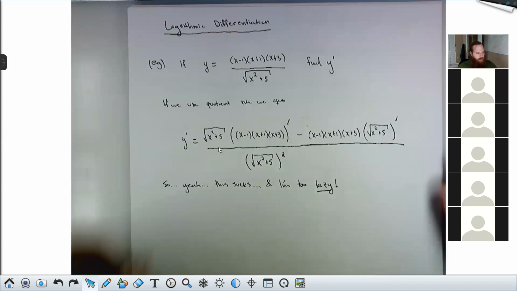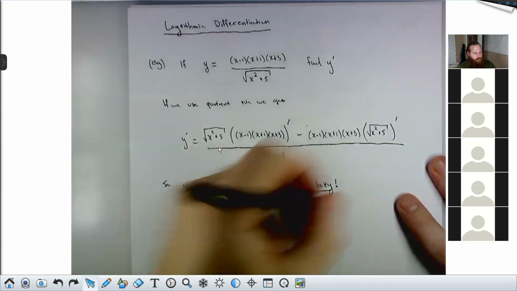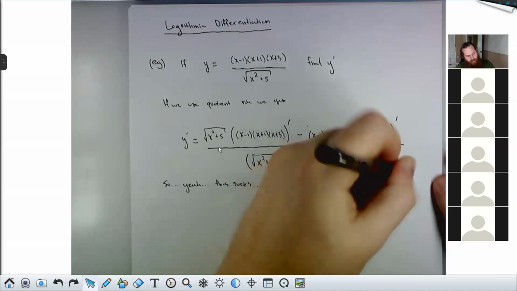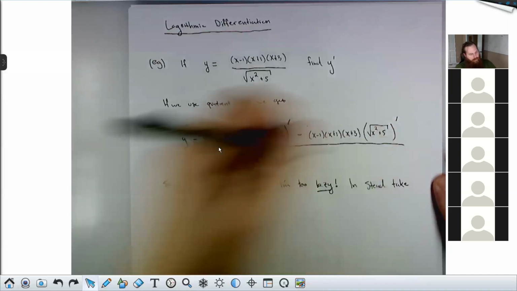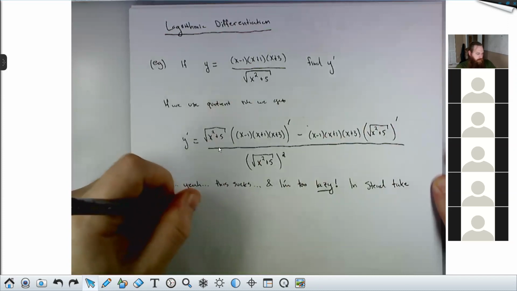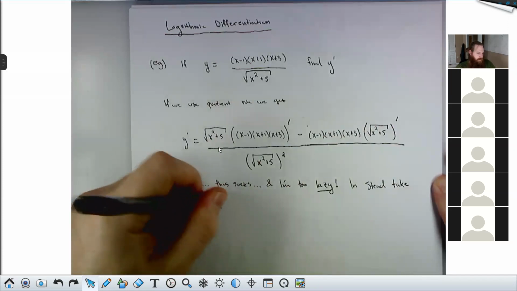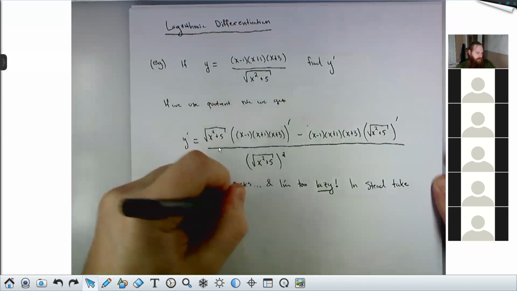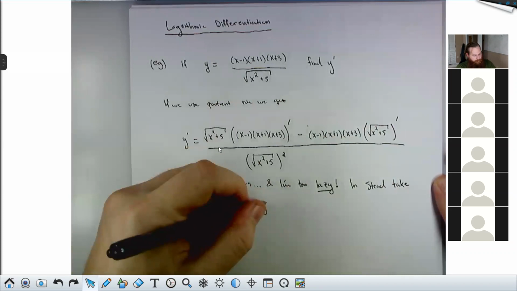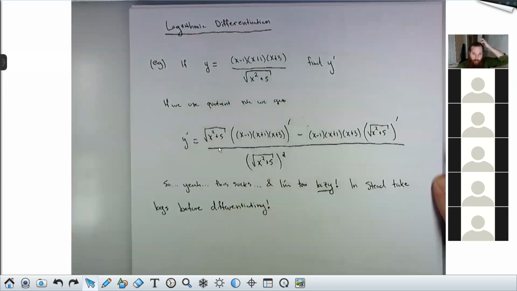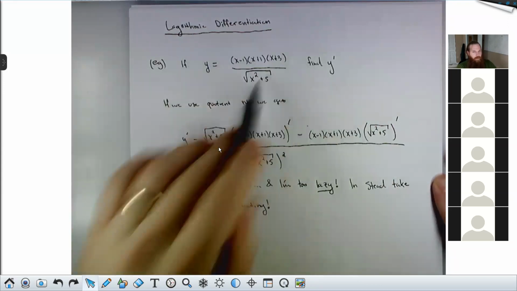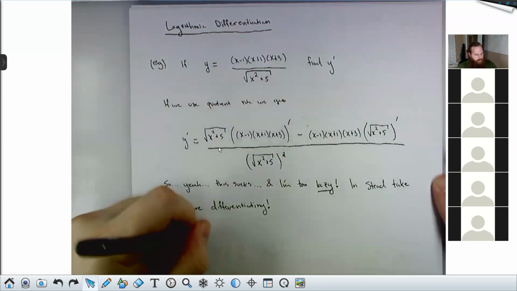So what if I took the log of both sides in the original function? So before I differentiate, I come back up to here and I take the natural log of both sides.